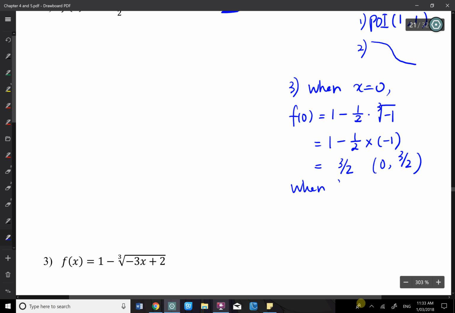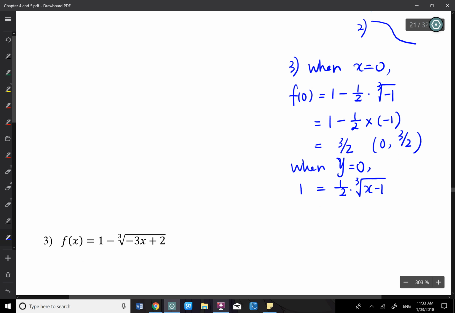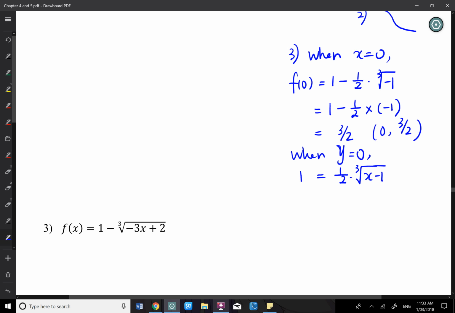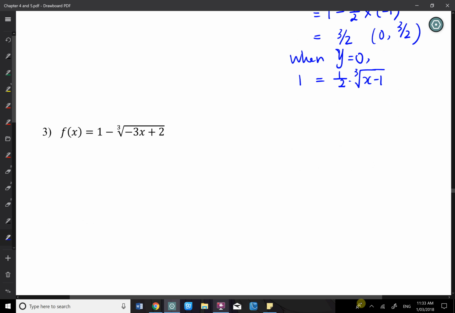So when y equals 0, 1 equals a half times the cube root of x minus 1. So 2 equals the cube root of x minus 1.